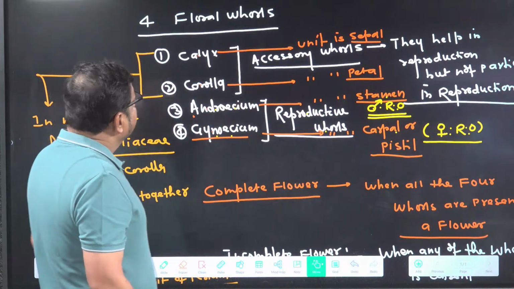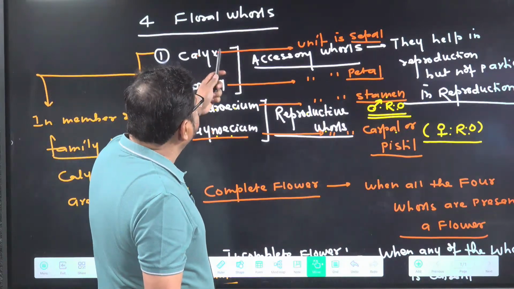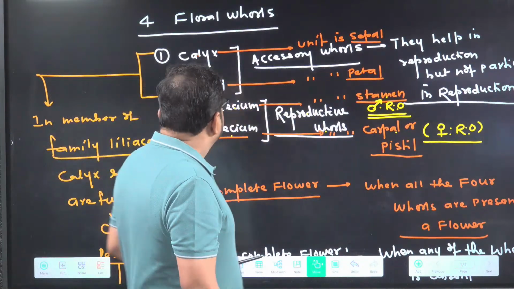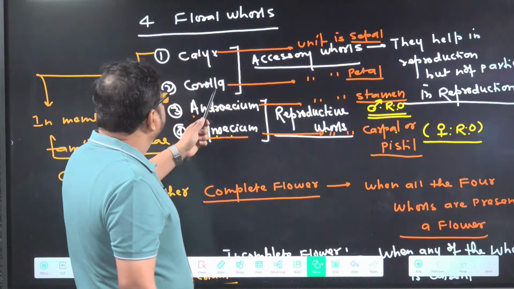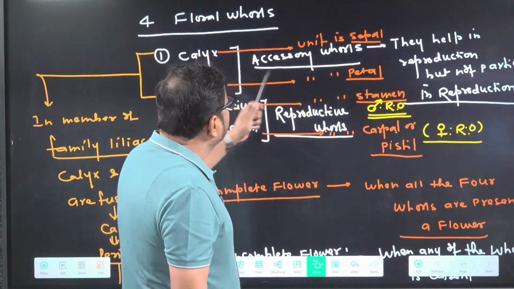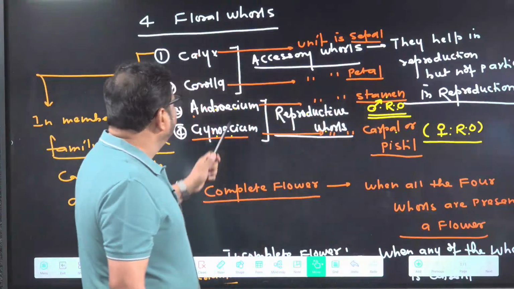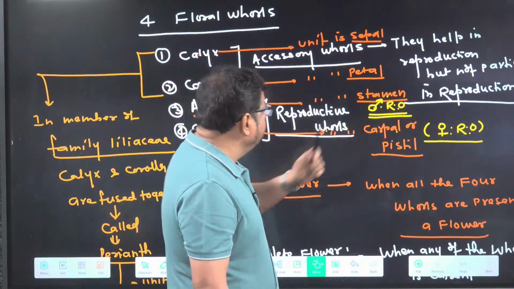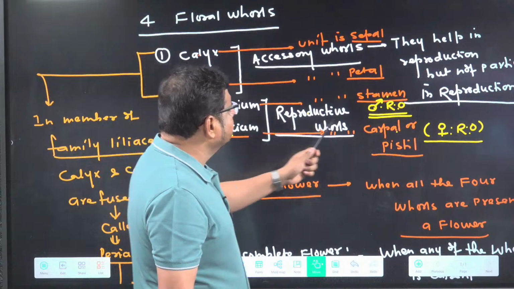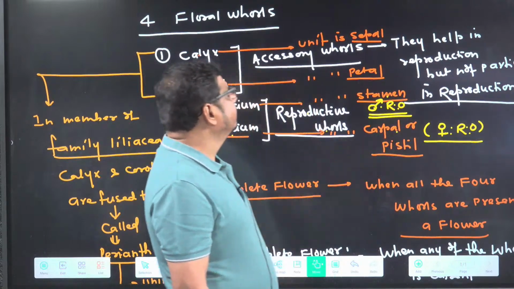Getting the idea? The unit of calyx is called sepal. Unit means single leaf of the whorl. The unit of corolla is called petal. The unit of androecium is called stamen. The unit of gynoecium is called carpel or pistil.